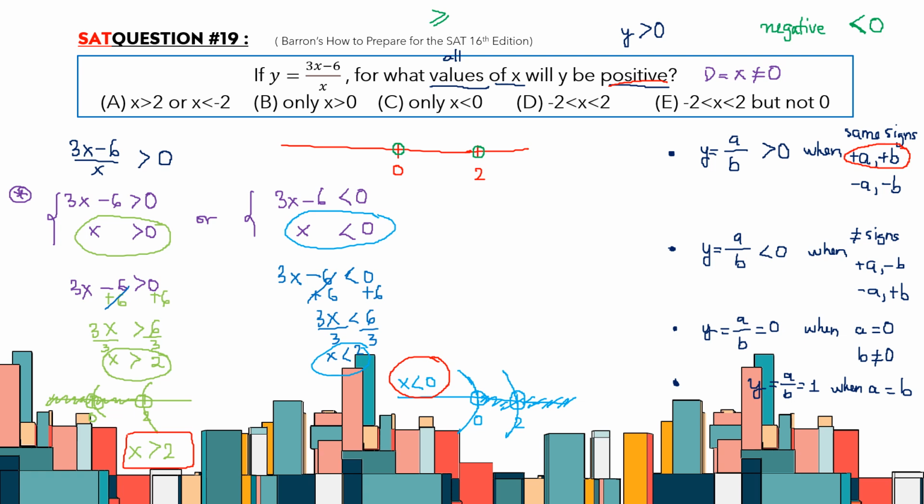If there is no equal part, it means strictly greater than or less than. So in this case it's strictly less than 0, with an open parenthesis at 0, and then we union with x greater than 2, with another parenthesis. In between, we don't take it.